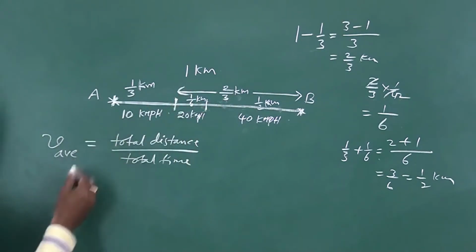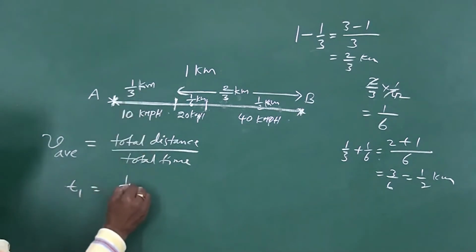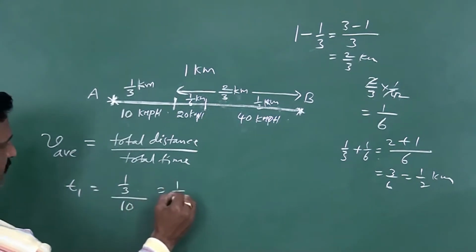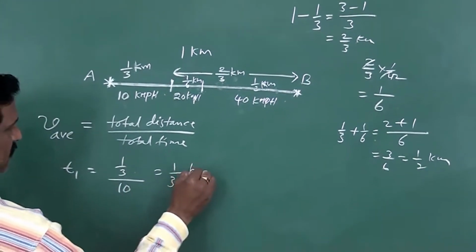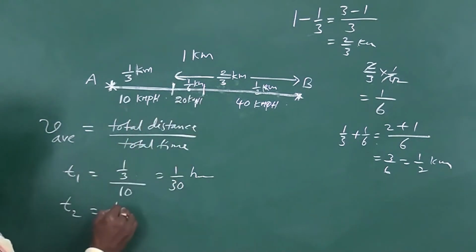So in the first part, time taken t1 equal to distance by speed. Here distance is 1 by 3, speed is 10. So 1 by 30 hours. And the second case, time is t2 equal to, here distance is 1 by 6 kilometer, speed is 20.